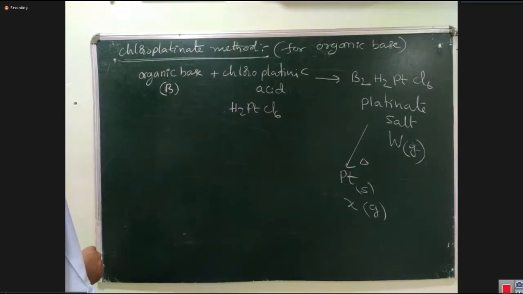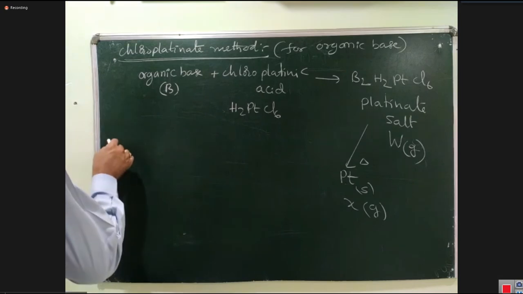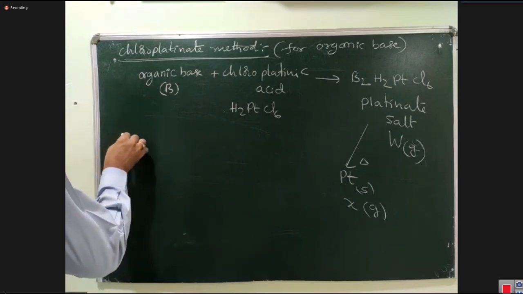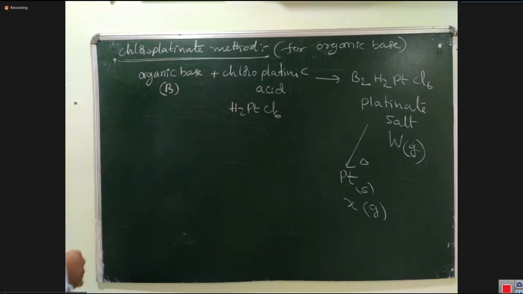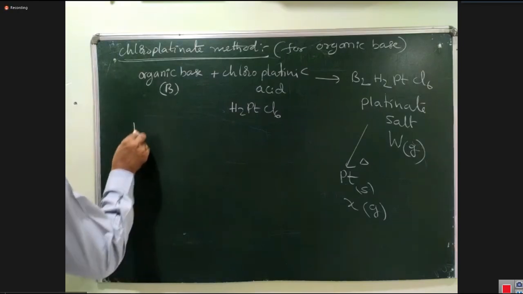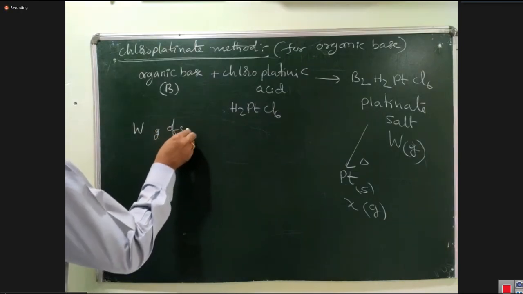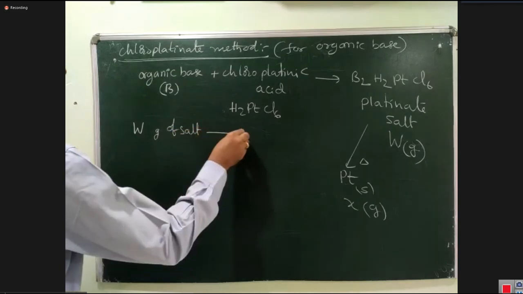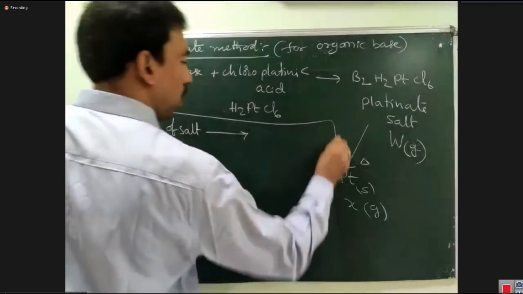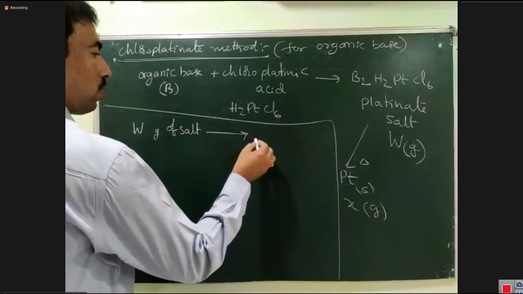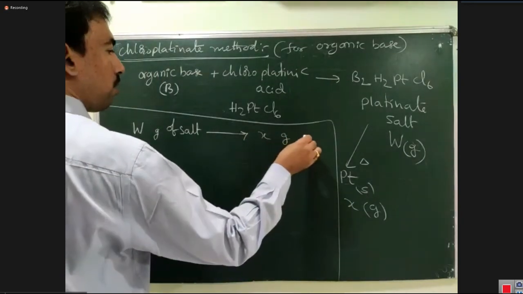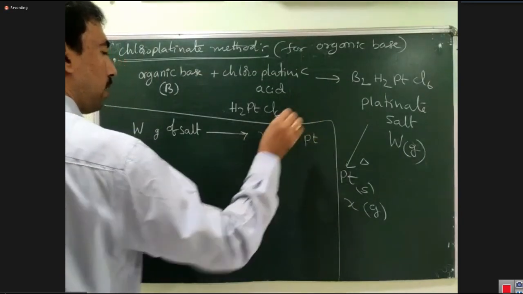Now W grams of salt gives X grams of platinum.